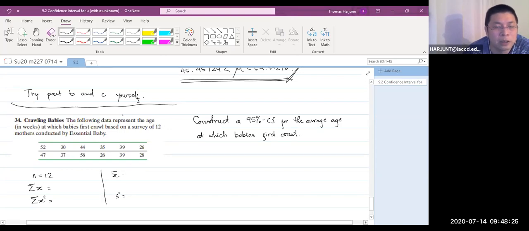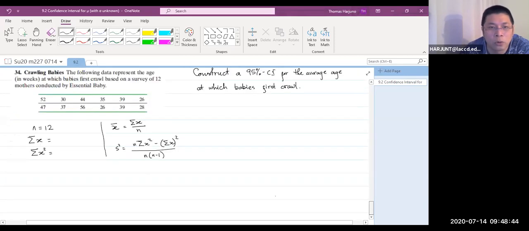x bar is the sum of x over n, right? And then s squared is n times the sum of x squared minus the sum of x, squared, over n times n minus 1. So the sample standard deviation will be the square root of that s squared.